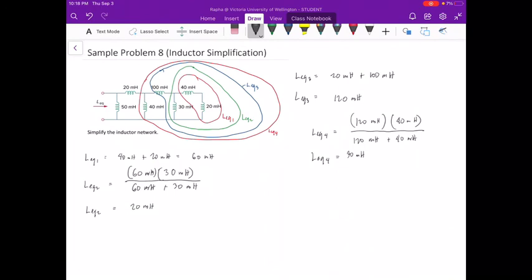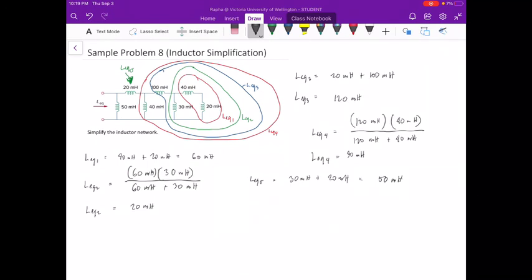Next is when we connect this in series to this inductor. So we will do a series sum, LEQ5. LEQ5 is a series sum between LEQ4, which is 30 millihenries, plus 20 millihenries, and that is equal to 50 millihenries.